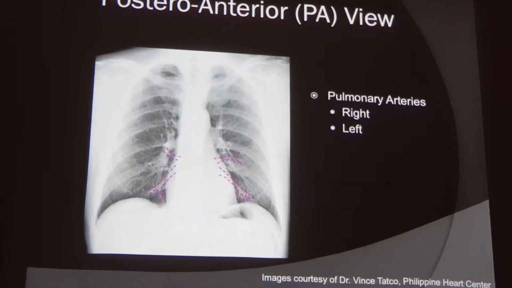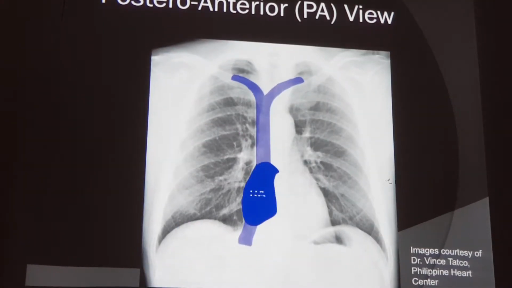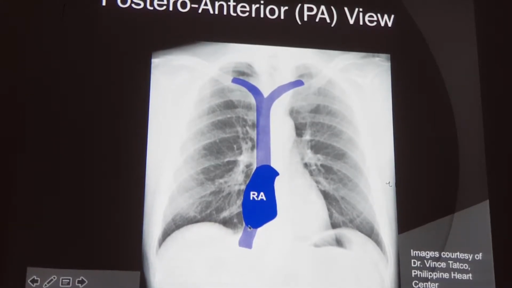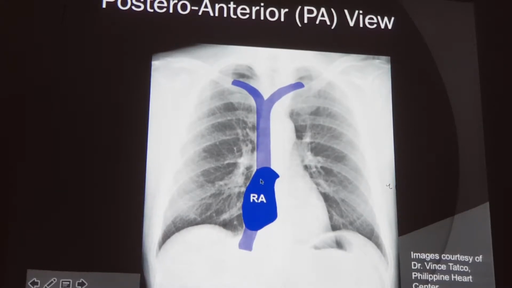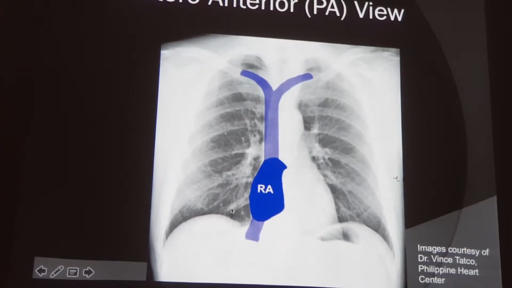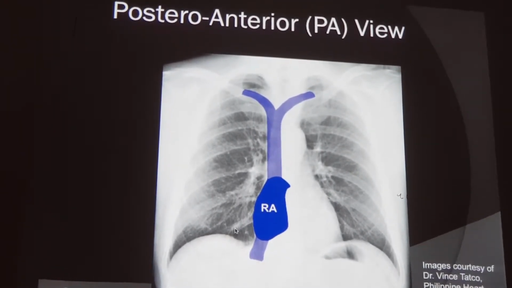Now, your right atrium forms the right border of the heart. So if you have enlargement of the right atrium, it goes here. So your right border becomes prominent. So right atrial enlargement is relatively easy to see.